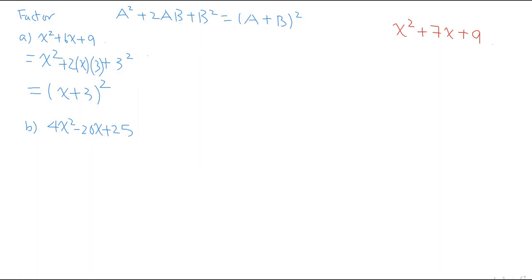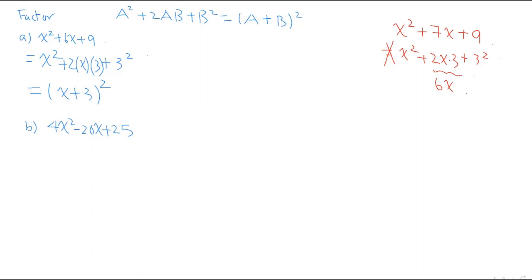The answer is no. You have x squared and 3 squared, and you hope the middle term is 2 times x times 3, but they are not equal, because here you only have 6x. The original one is 7x. So you should be very careful. Always check the middle term.